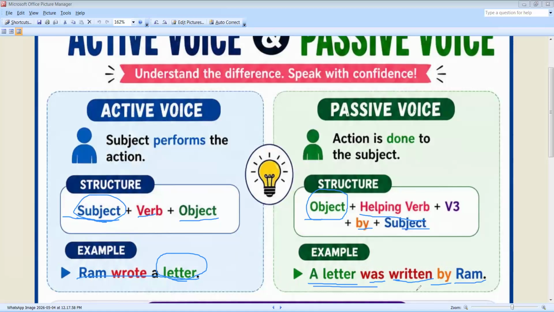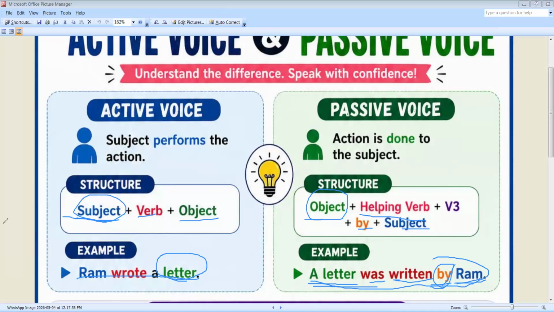For example, write, wrote, written, and after the v3 verb we have to add by, and then the subject. Auxiliary verbs we have to add sometimes. This is the best example for active voice and passive voice.